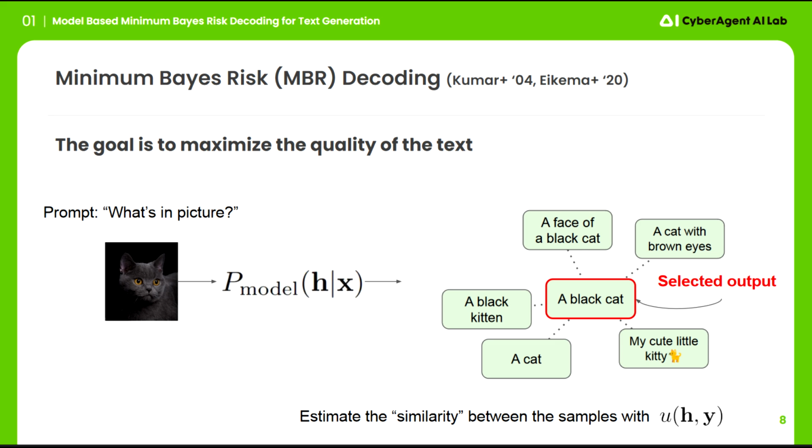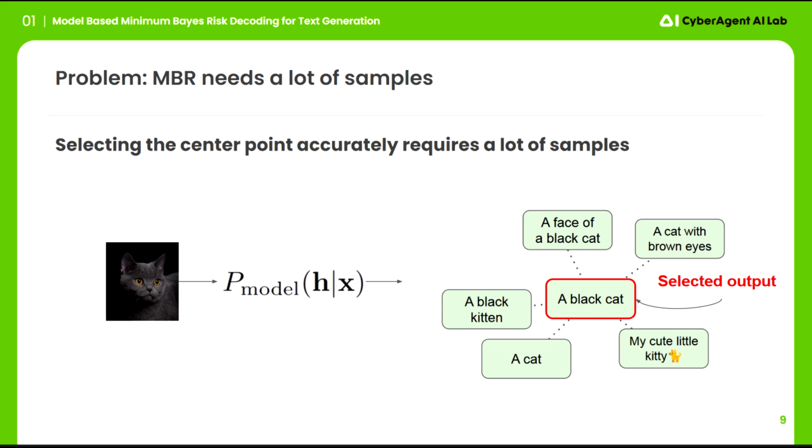So simply you get what's in the middle of the sample space. The procedure can be understood as selecting the center point. However, the problem is that precisely estimating where the center is requires a lot of samples. So MBR needs a lot of samples, and thus it is very slow compared to beam search.